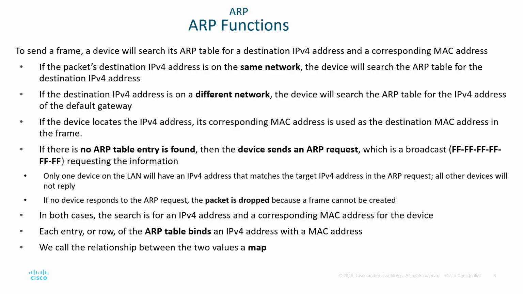So in both cases, the search is for an IPv4 address and a corresponding MAC address for the device. Each entry or row of the ARP table binds an IPv4 address with an associated MAC address. We call the relationship between the two values a map or a mapping.